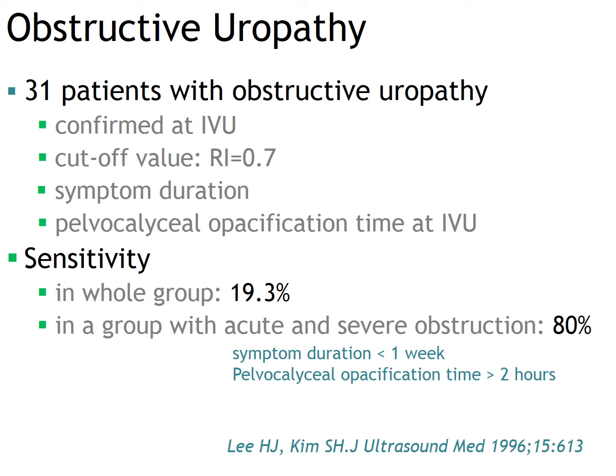In this study, spectral Doppler ultrasound had a very low sensitivity, 19.3%, in diagnosing obstructive uropathy in the whole group. But sensitivity was very high, 80%, if we limit the cases to a group with acute and severe obstruction. Here acute means symptom duration shorter than 1 week, and severe means first pelvocalyceal opacification time longer than 2 hours.